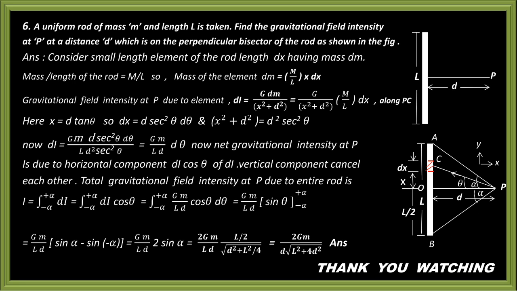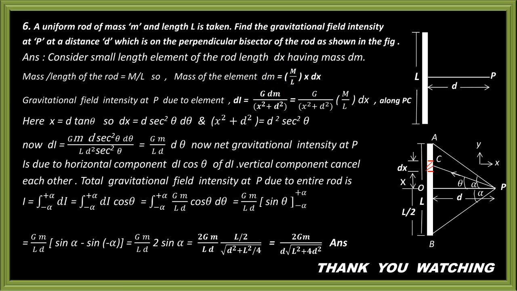First of all, we consider a small length element of length dx having mass dm. Since the mass per unit length of the rod is m by L, the mass of the element will be dm equal to m by L dx.